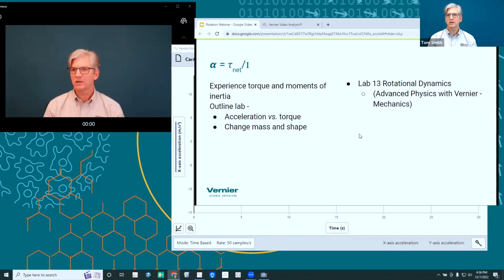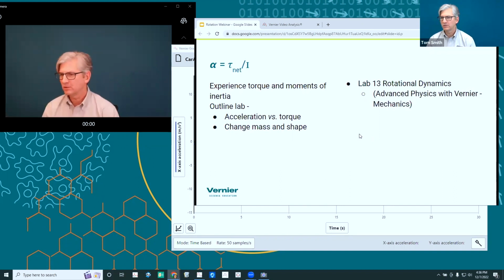And I would just, I guess, encourage you, as you're approaching rotations and rotational dynamics, to take the time to set the stage appropriately so that your students are prepared, ready as best they can be to actually absorb this information and interact with it in a way that helps them to understand rotational dynamics.